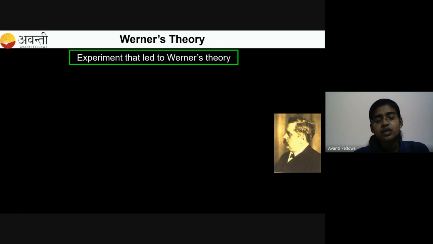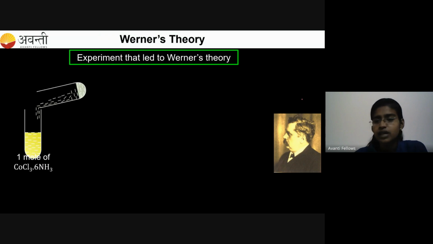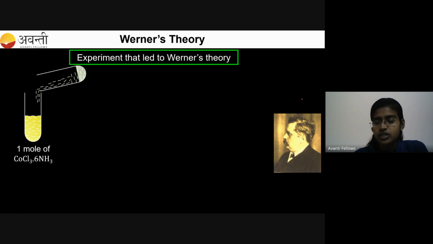His full name is Alfred Werner. He did an experiment in his lab first. He is called the father of coordination compounds, because he was the one who discovered the first coordination compound.